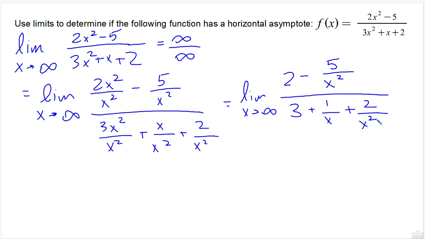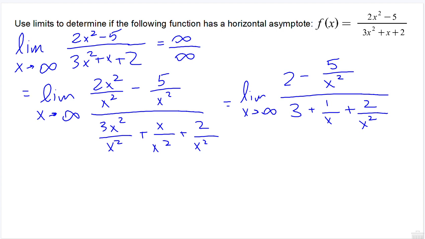And so now, this is starting to look similar to the limit we looked at on the previous page, where I've got some constants, but I've also got some other constants that are being divided by things in terms of x. And as x goes to infinity, those things in the denominator there are going to get exceptionally large, which means those fractions are going to get exceptionally small.